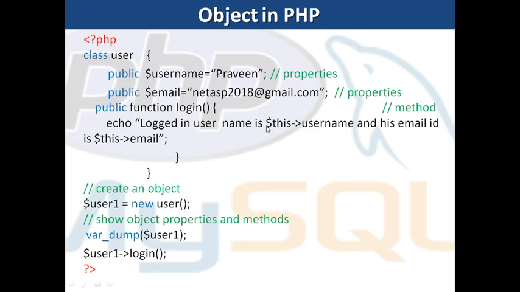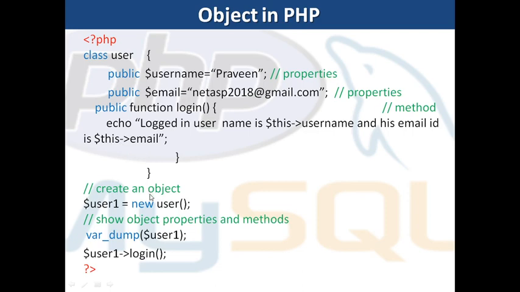We have used the $this keyword, which is used to refer to the properties or methods being used in the class. Username and his email ID is $this email.